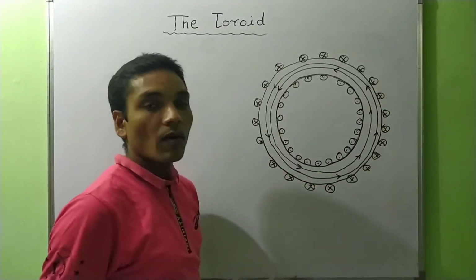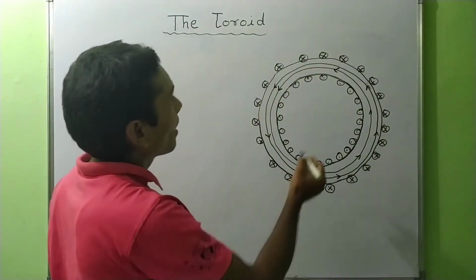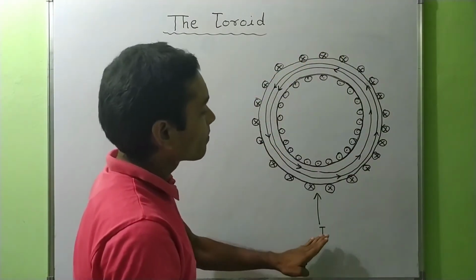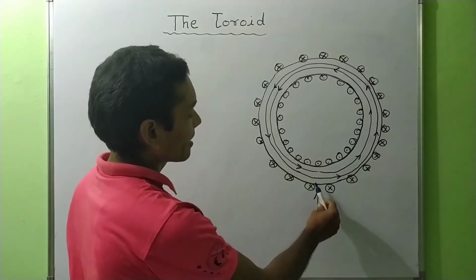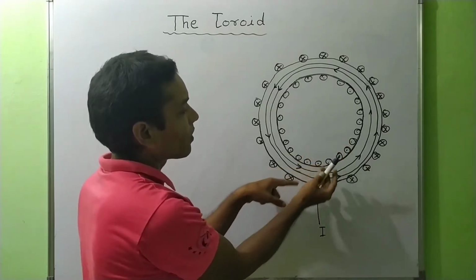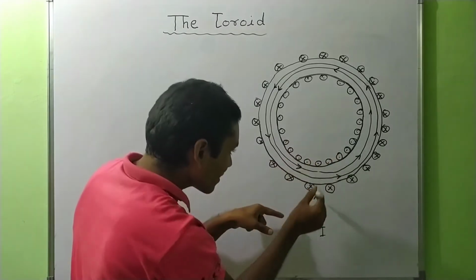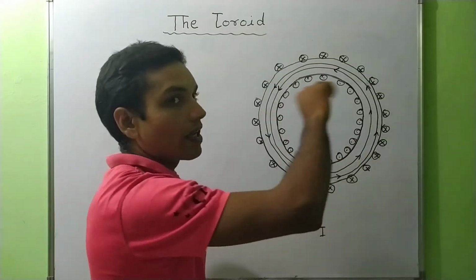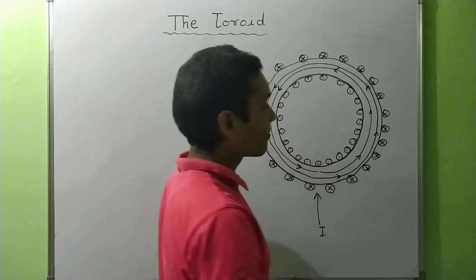So the direction of magnetic lines of force inside the toroid is anti-clockwise. If the current is flowing through the wound copper wire from the back side, comes out at that point and goes in at that point, then the direction of magnetic lines of force will be anti-clockwise. Inside the toroid, we will find the strength of magnetic field.